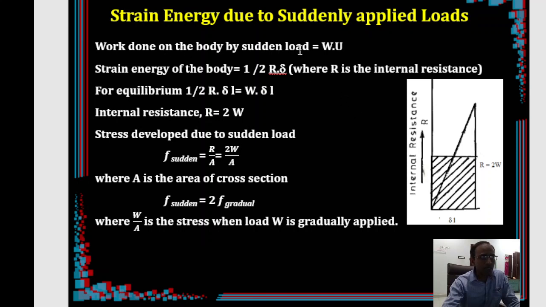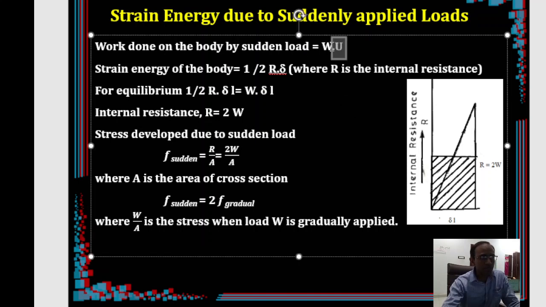Work done on the body by sudden load is W times delta. This is not U, it's delta. So we got the work done on the body as W times delta. Remember, this is a suddenly applied load. Now, what is the work done when we apply a gradually applied load?